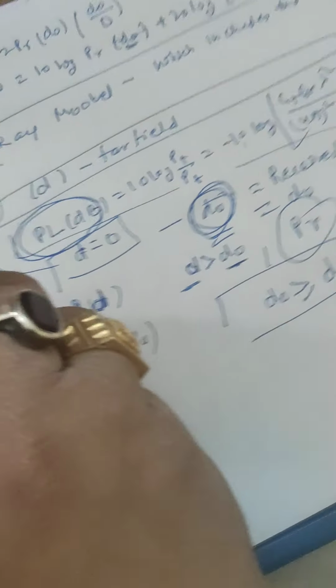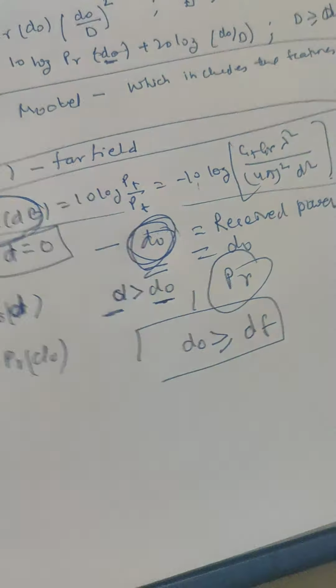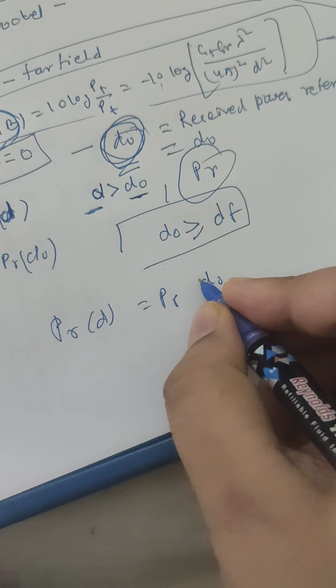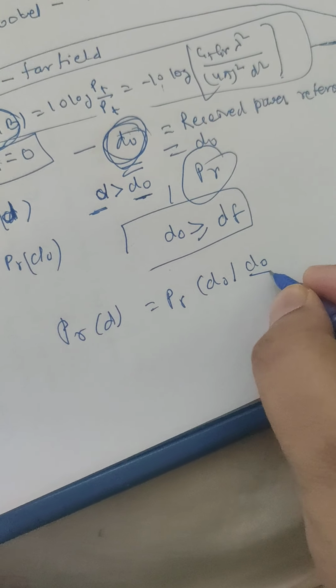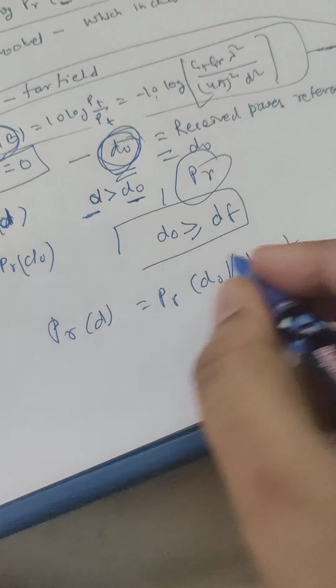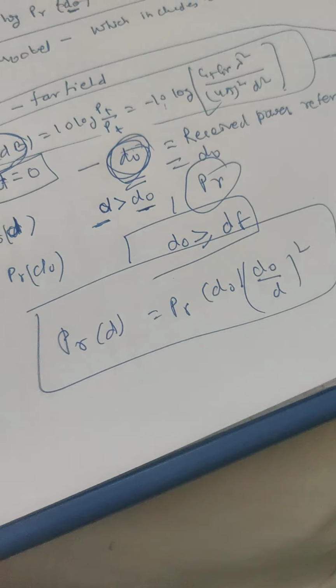So the power we have received, Pr(d), is much greater than the reference distance. We write again Pr(d) equals Pr(d naught) multiplied by (d naught over d) whole squared. So we get this equation.